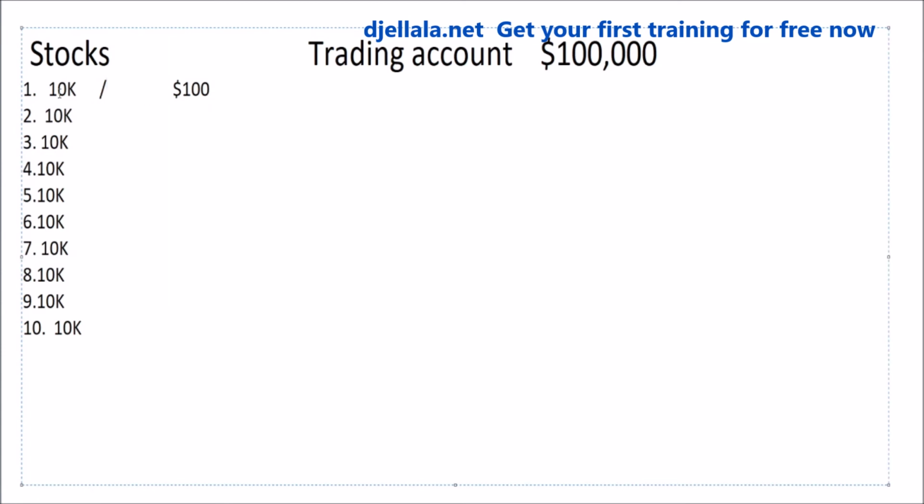Okay, $10,000, and the stock is $100, and then you can see how many shares you want to buy. $10,000 divided by $100, so you can buy 100 shares.